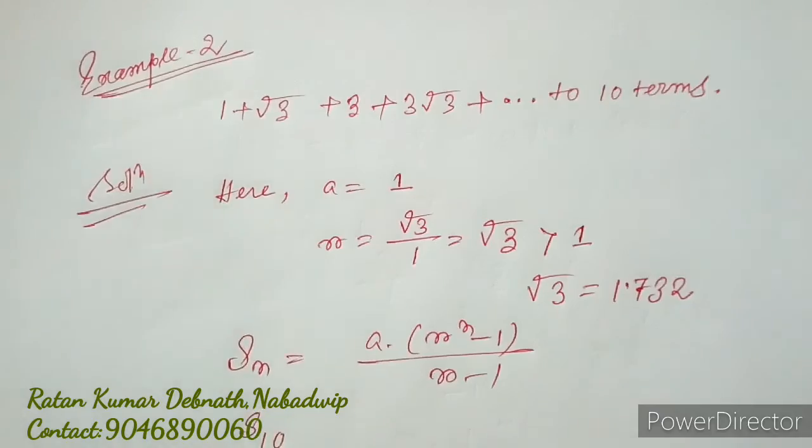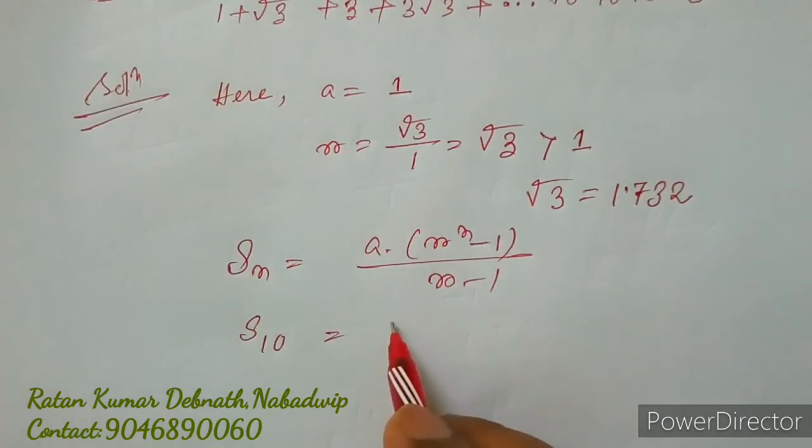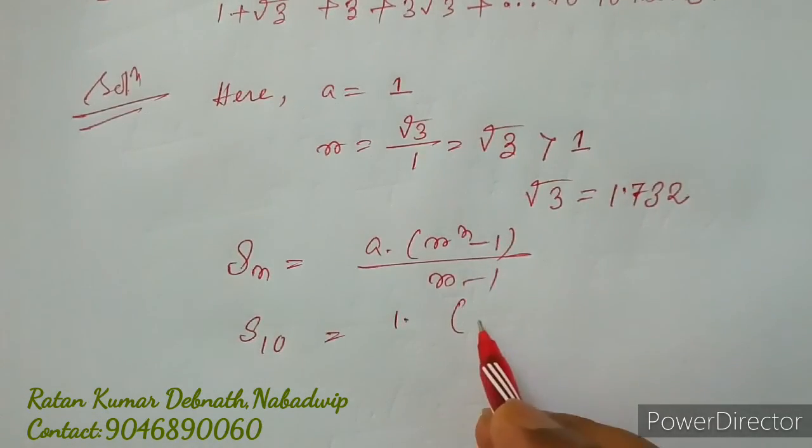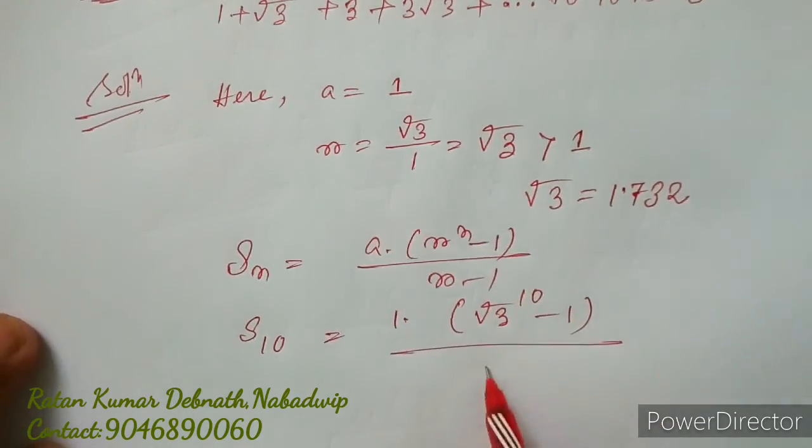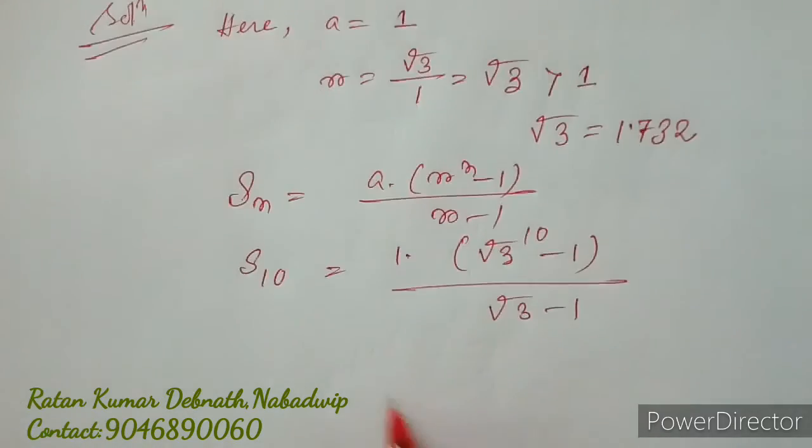Therefore S10 equals 1 into root 3 to the power 10 minus 1 by root 3 minus 1.